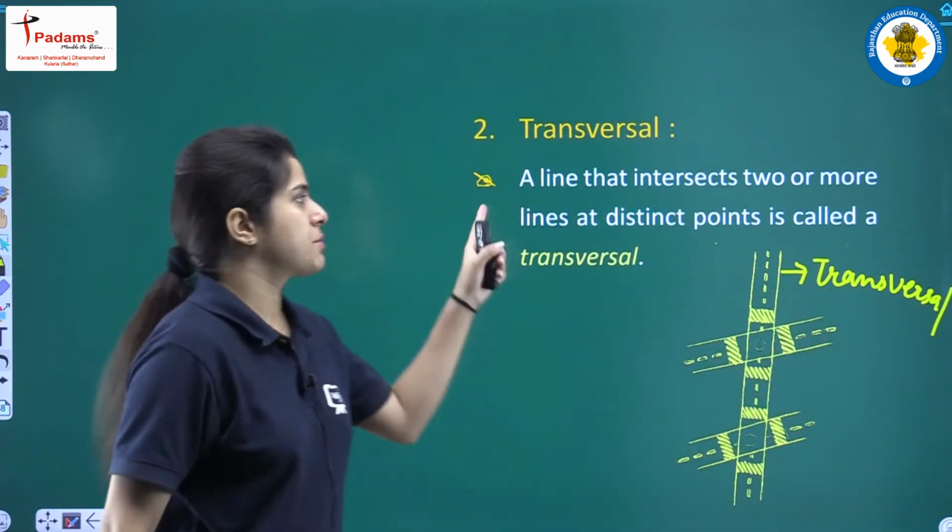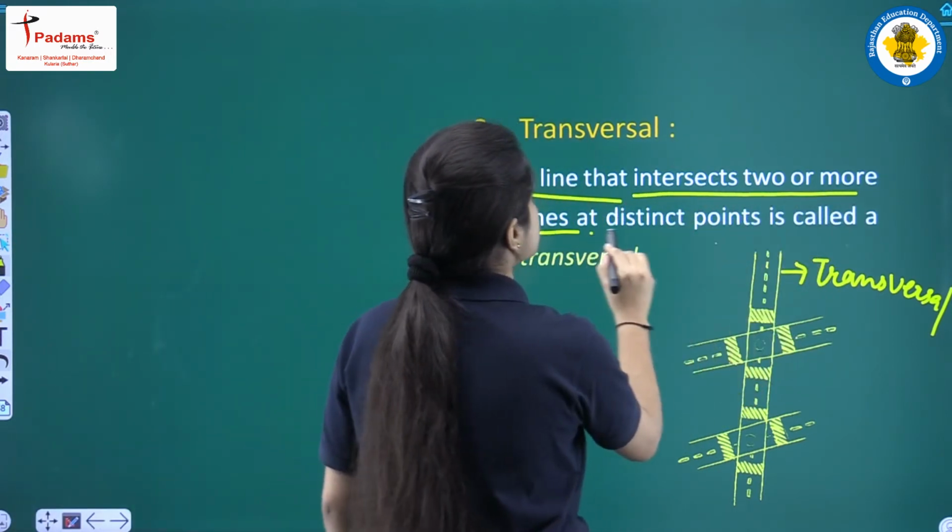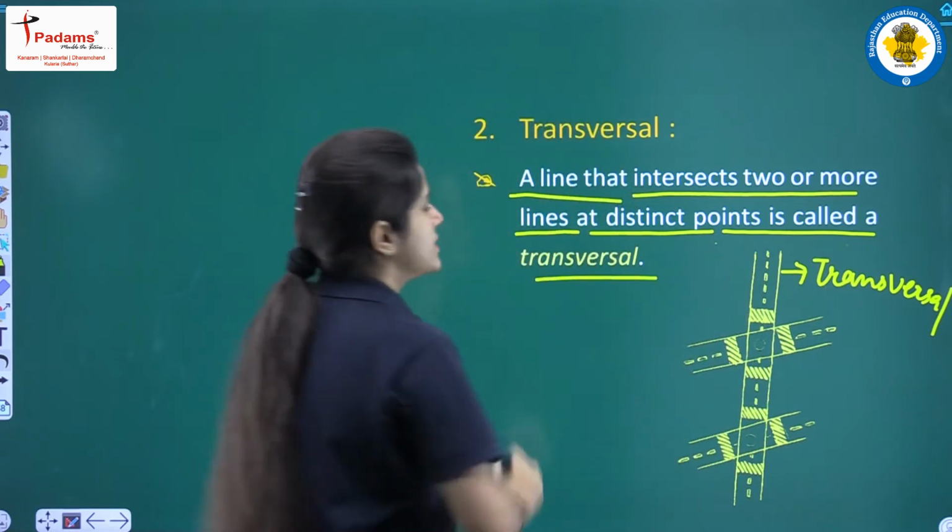Okay students, so basically a line that intersects two or more lines at distinct points is called a transversal.